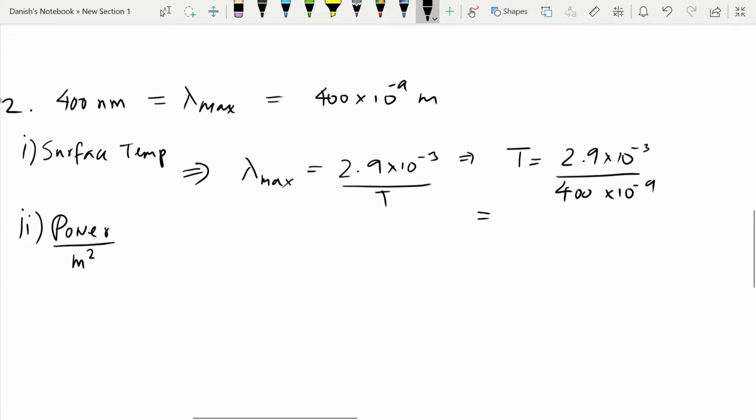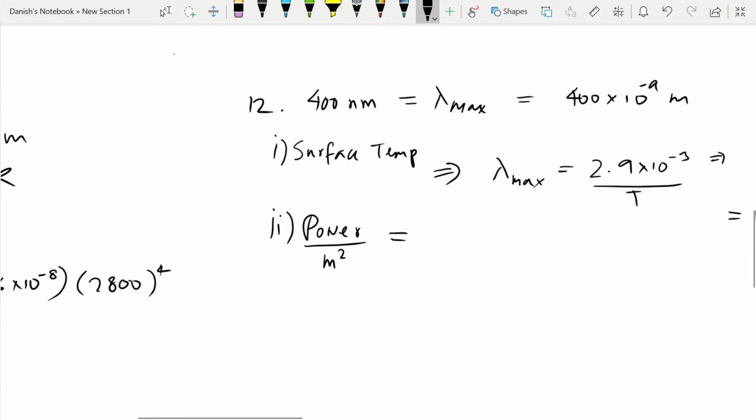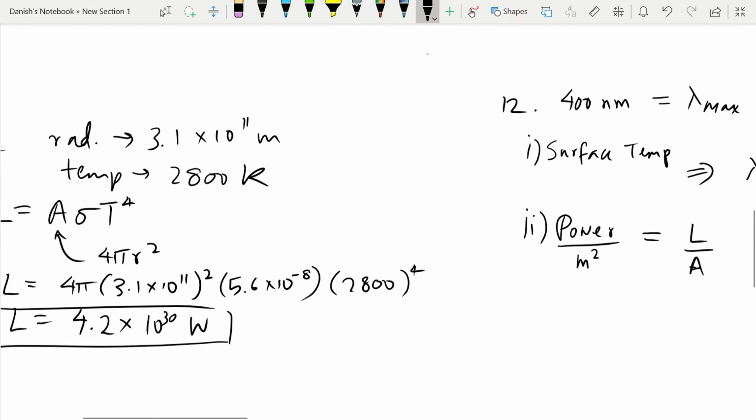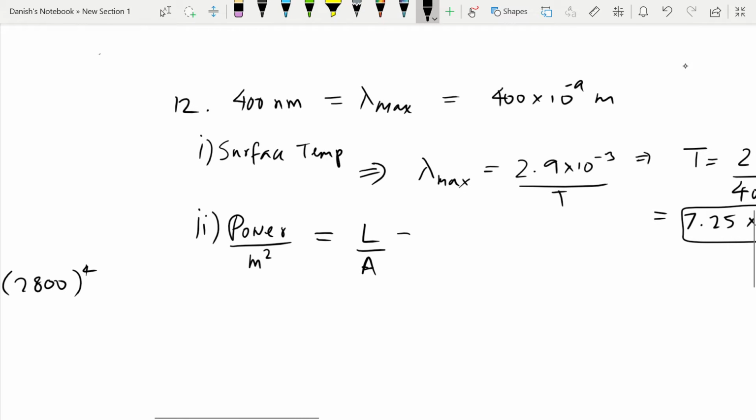And that will give me about 7.25 times 10 to the 3rd Kelvin. And that's that. Now for power over meter squared. Power over meter squared is the same thing as luminosity over area. Now, if we see this right here, basically we're putting area on the other side. So we're dividing both sides by area. So what we'll get is this.